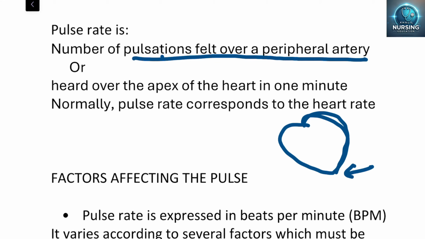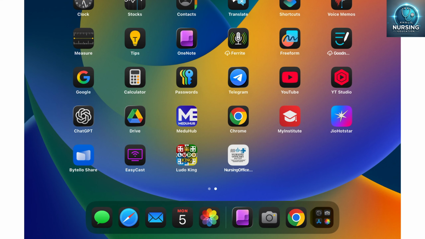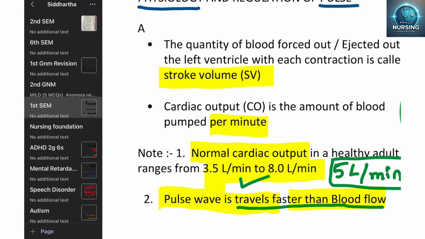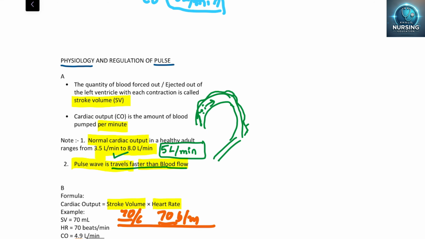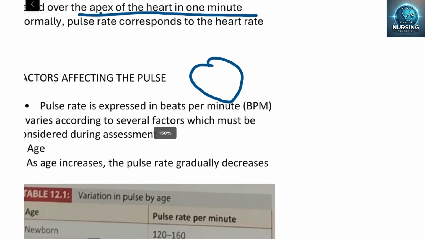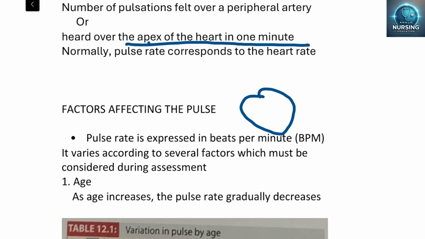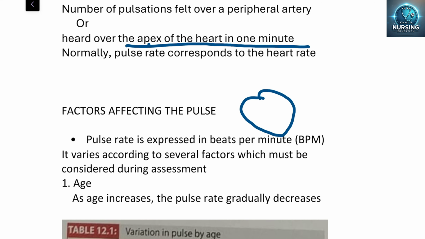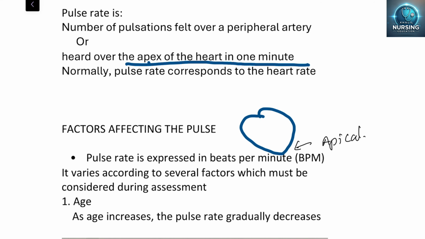If you are examining the apical pulse, that time it will show you the pulse rate. Okay, how many beats, isn't it? The apical pulse is the most accurate pulse compared to the peripheral pulse.